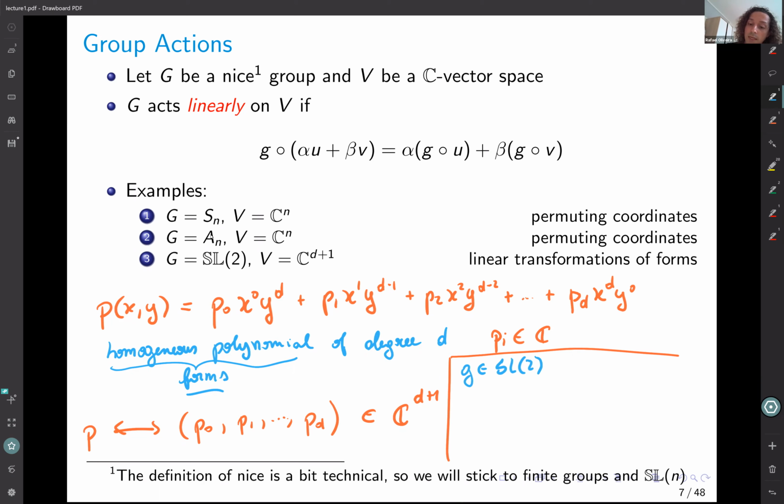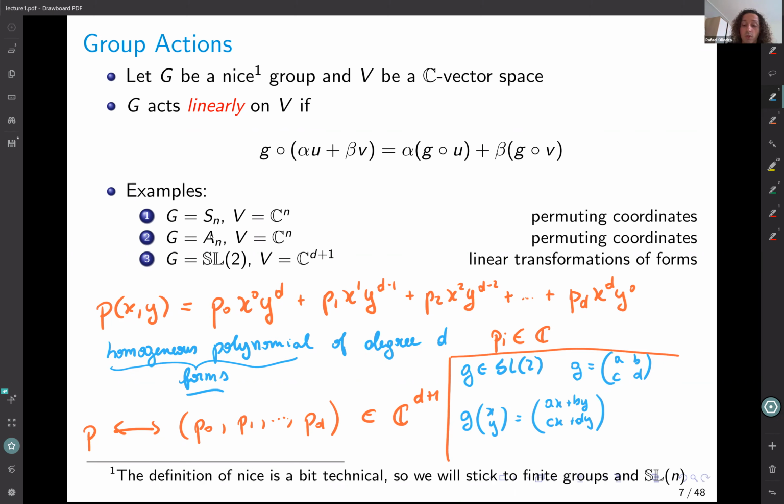We can represent G as a, b, c, d. Then if I multiply G by (x, y), I get ax plus by and cx plus dy. So I get a linear transformation of the variables x, y.